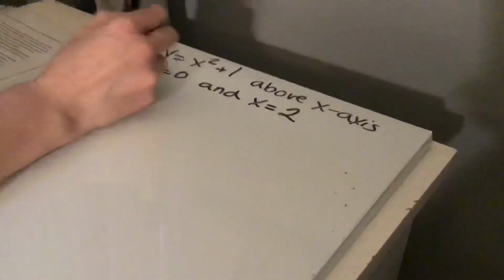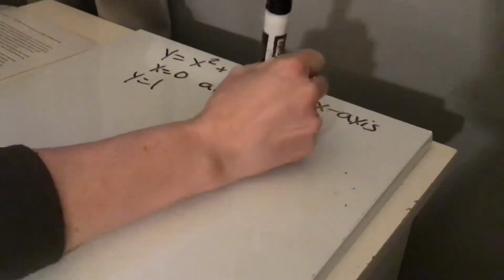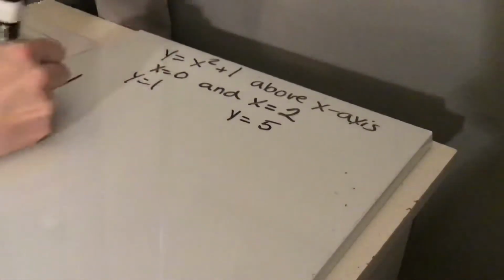So first, what does that graph look like? All right, well, when x is 0, y is 1, because 0 squared plus 1 is 1. And when x is 2, y would be 5, because 2 squared is 4, 4 plus 1 is 5. Okay, so then I'm going to make this graph.